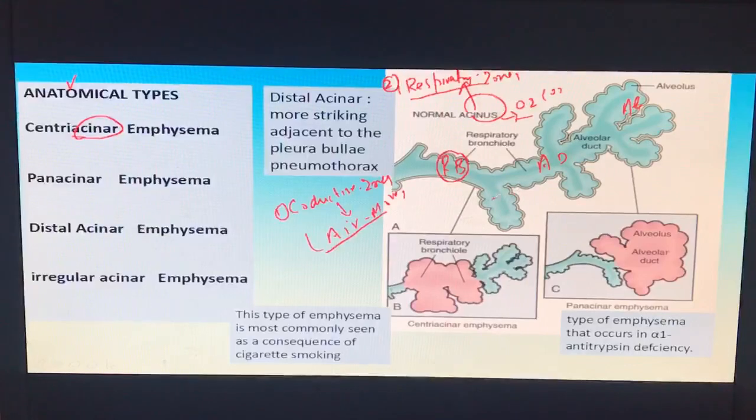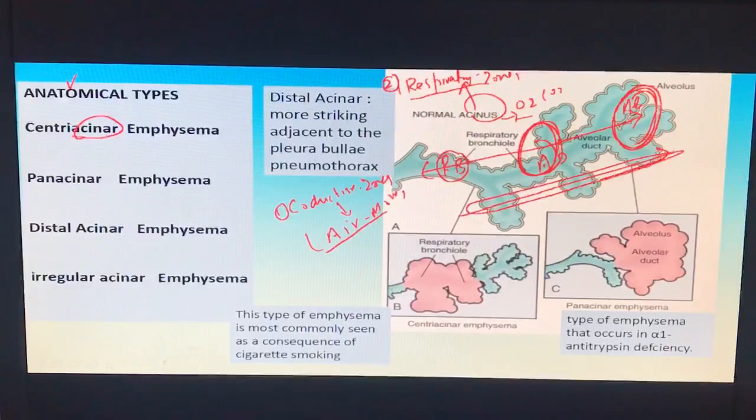What happens to the respiratory bronchiole? This part is the respiratory bronchiole. Along the full length of the acinus, the emphysema may occur in the central part, which is central acinar, or in the distal part, which is distal acinar. If the emphysema involves the full length, from the proximal part of the acinus to the distal part, it is panacinar. Pan means complete.